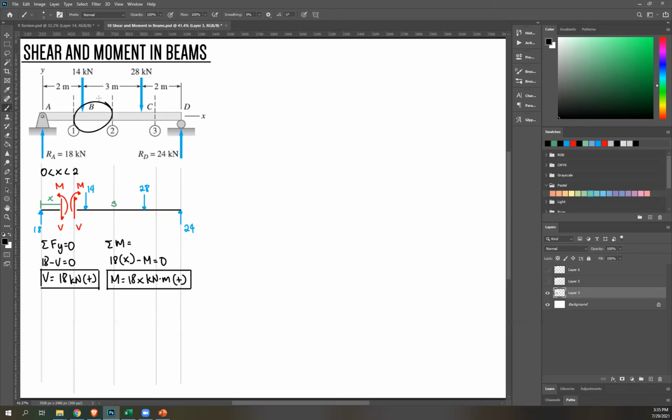Next, let's move on to section BC. For this, our range for x is between 2 and 5. So x greater than 2, but less than the total length, which is 3 plus 2, so 5. Then let's draw again. We're going to cut here. Let's apply our forces.